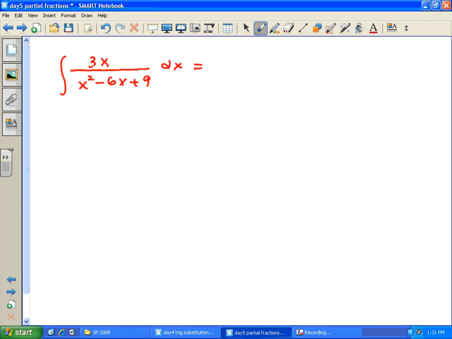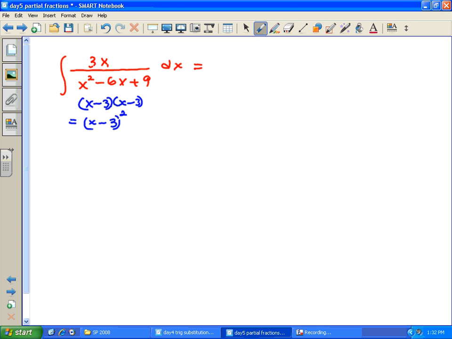Let's see if we can factor the bottom. If we can factor the denominator, what will we get? x minus 3 times x minus 3, in other words, x minus 3 squared. This is a repeated linear factor. You cannot treat it the same way you treat distinct linear factors.